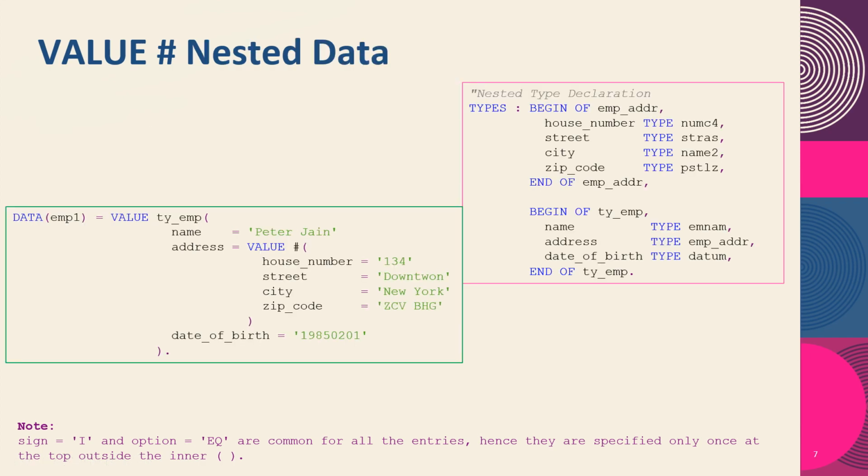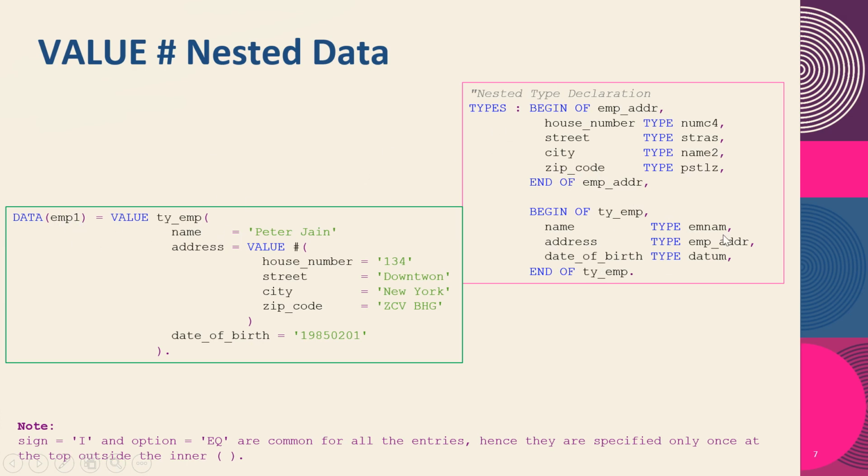You can even create nested data using VALUE. Here you can see I created a nested structure with the employee address and employee type. The employee type has name, and address is also a structure having house number, street, city, zip code, and date of birth. Now I'm creating a work area of this complex structure.